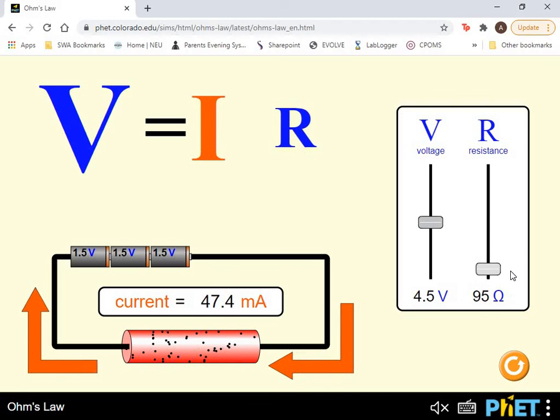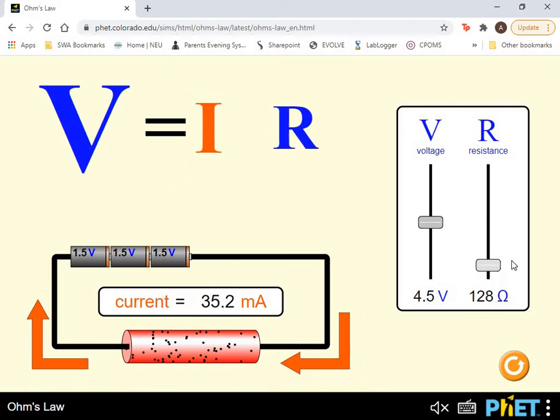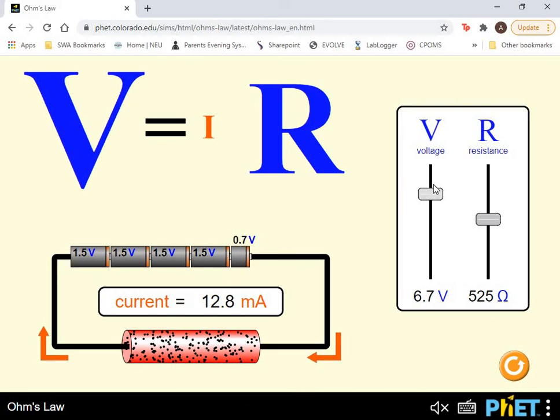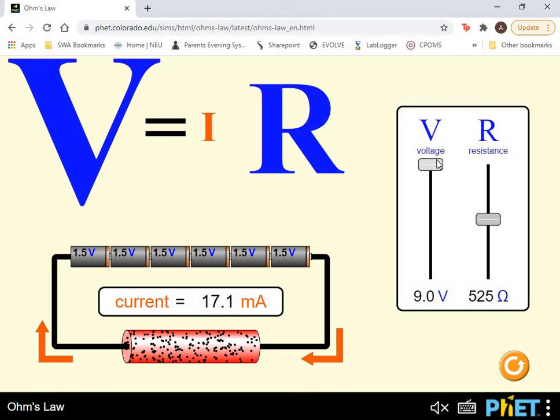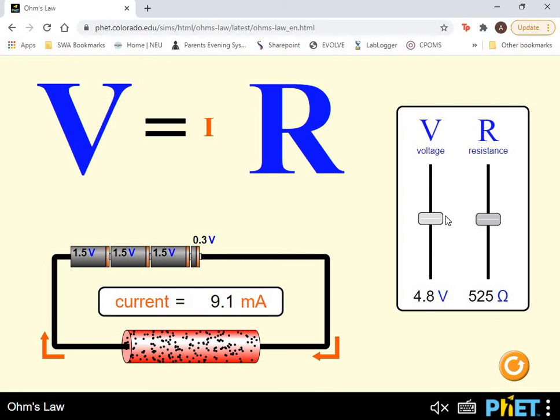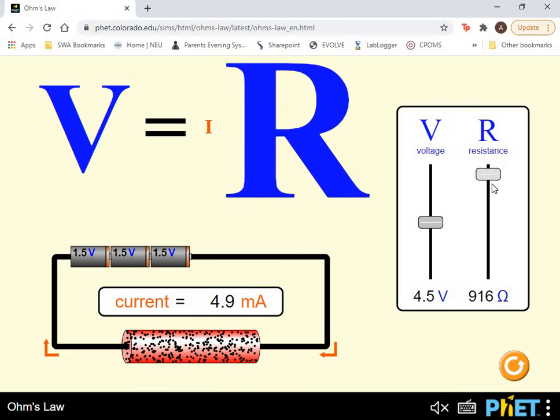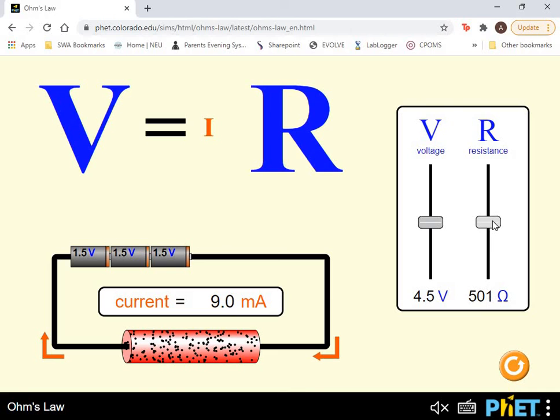And if I decrease resistance, my current increases. So I want you to make a note of those two things. If voltage increases, current increases, and vice versa. If resistance increases, current decreases, and vice versa.